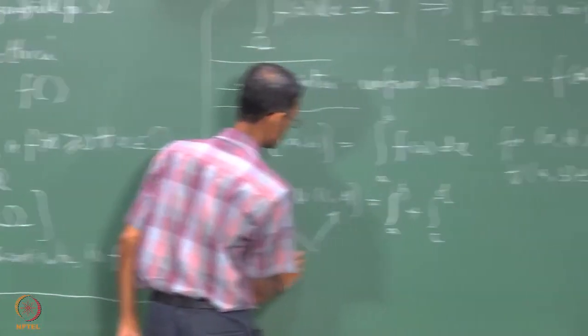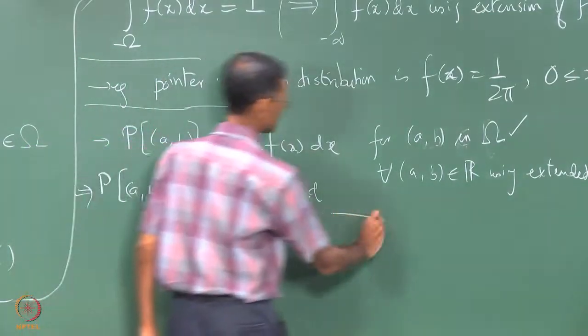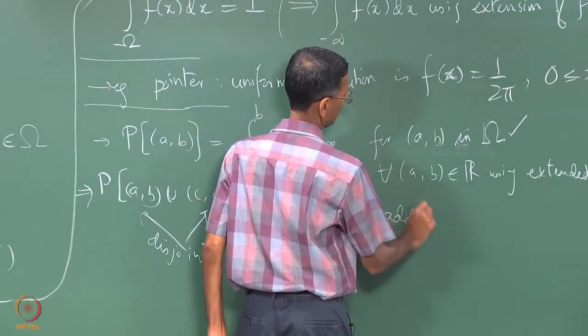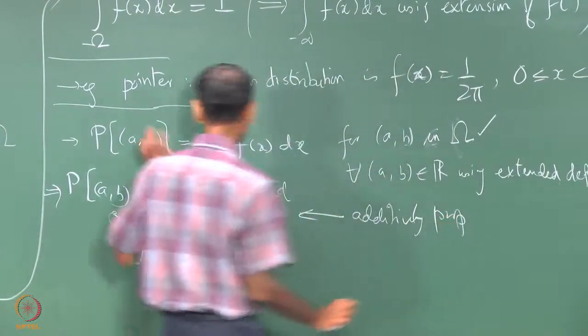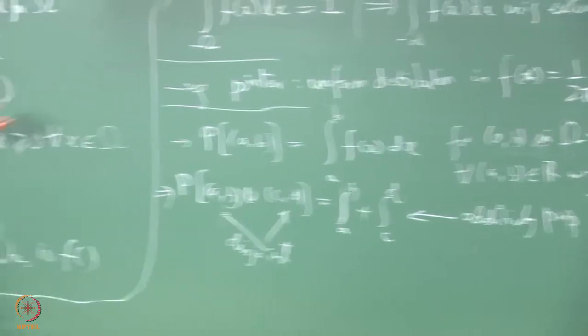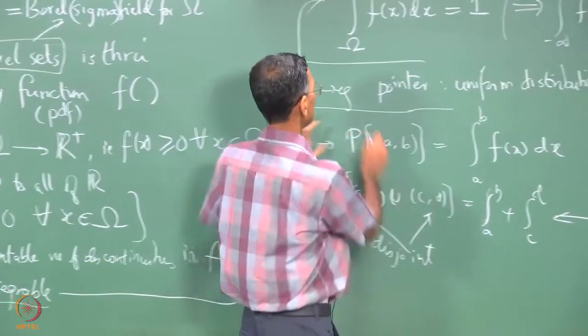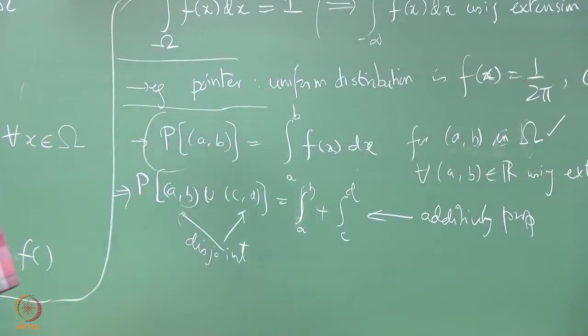So if they are disjoint, this is the additivity property. All these things go to show that defining the probabilities by this is perfectly consistent with the axioms and so on.